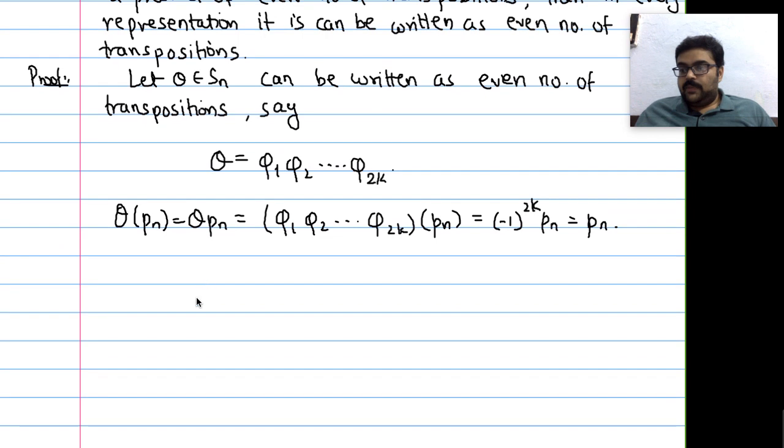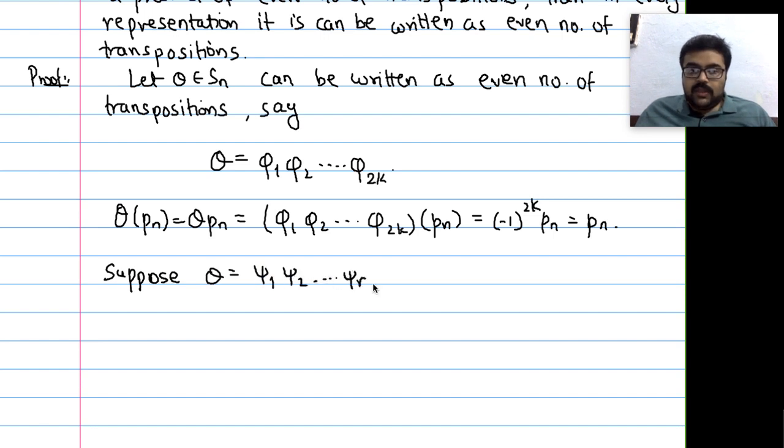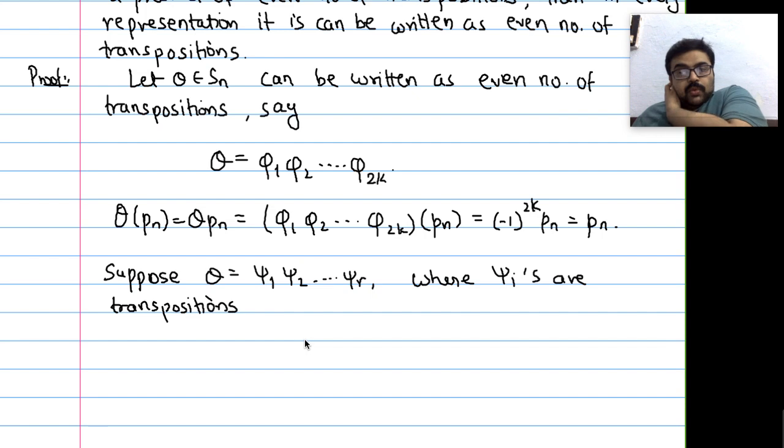Now suppose in another representation theta equals psi 1, psi 2, up to psi r, where the psi i's are transpositions. Then we have to prove that r is even.